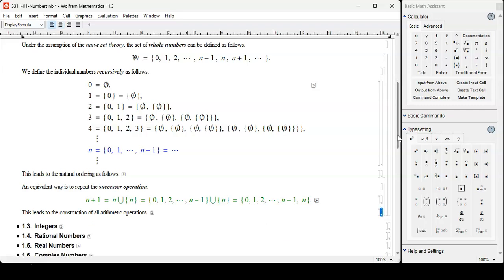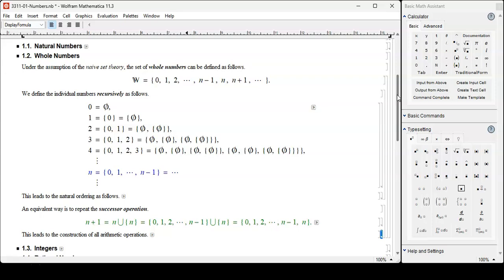Let's have a brief recap. From the set theory, we can define 0 as the empty set and 1 as the set with empty set in there.